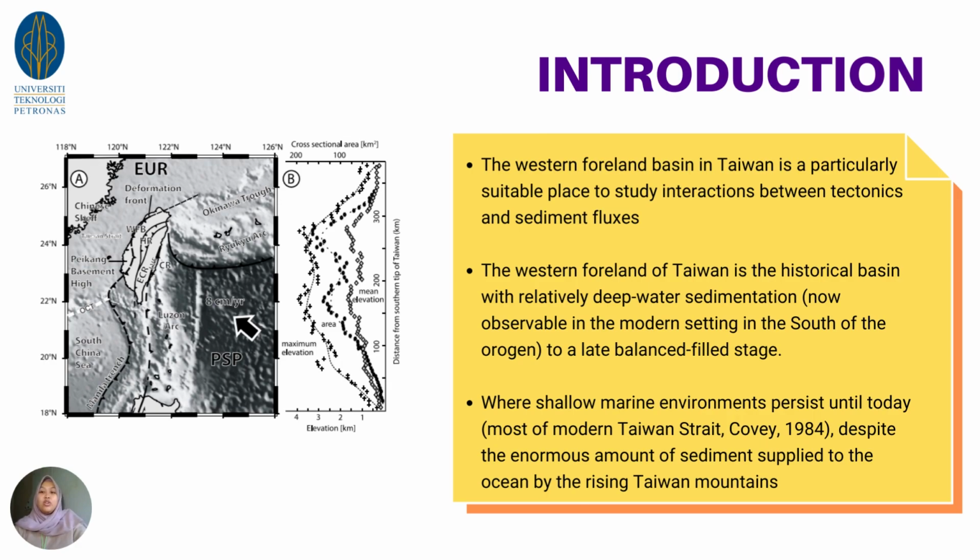In a sense, the Taiwan orogen is characterized as mainly an ancient foreland basin system, same as the Molasse Basin of the Alps.